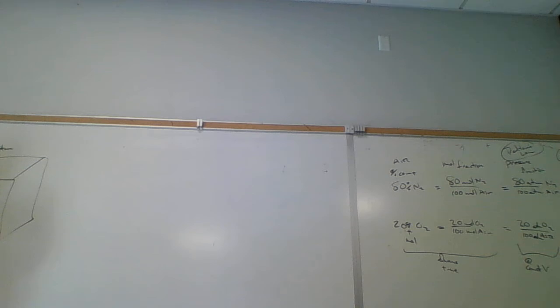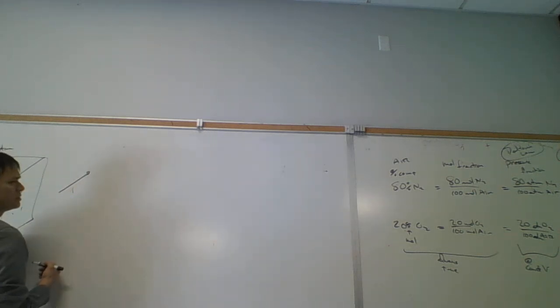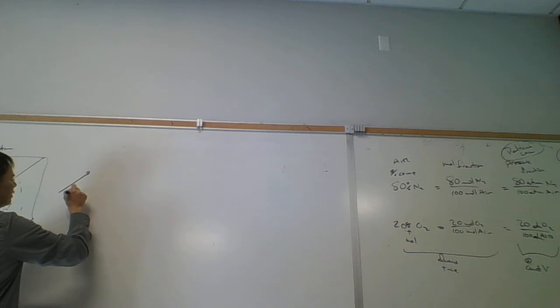This air consists of 80% nitrogen molecules and 20% oxygen molecules. So the first way we're going to visualize this mixture is Dalton's. Dalton's is going to be at constant volume.